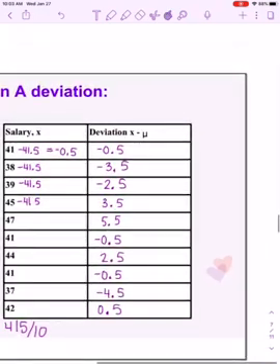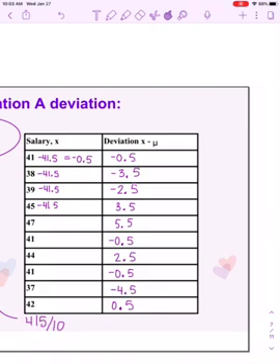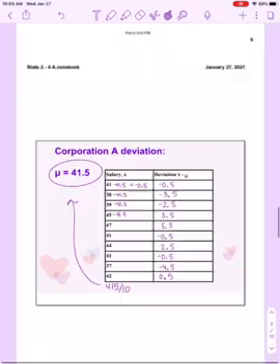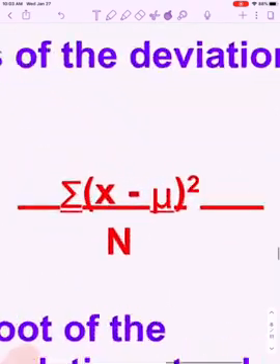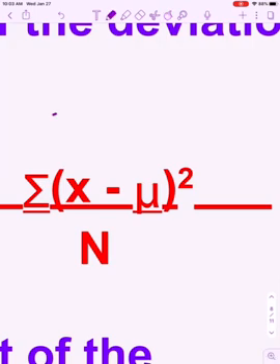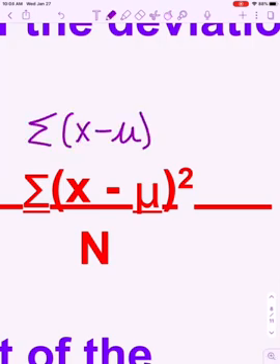Now, to find the standard deviation, you have to build on this. So you find your deviations and then you continue. We have to find our variance before we can find our standard deviation, okay? So the variance is, you add up, that's what this means, right? You add up all of your deviations. X minus mu's are your deviations, but you're going to square them to make them all positive, okay?